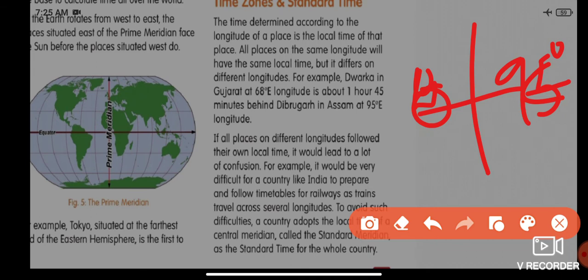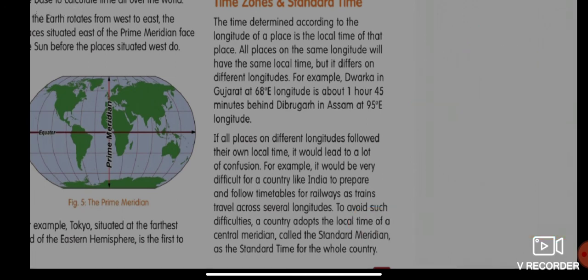If all places on different longitudes follow their own local time, it will lead to a lot of confusion, isn't it? Because even in India there would be different places with different times. For example, it would be very difficult for a country like India to prepare and follow a timetable for railways, as trains travel across several longitudes.